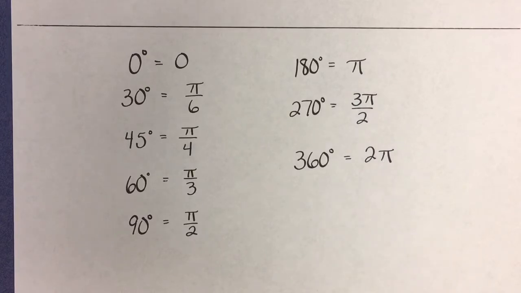Now you'll see that all of these have pi in them. Not everything has to have pi in it. It just happens, when you're looking at these particular angles exactly, that's what you have. But remember the definition of a radian went back to a circle. Remember at the very beginning when I talked about the definition of what 1 radian is, it was based off that central angle on a circle.